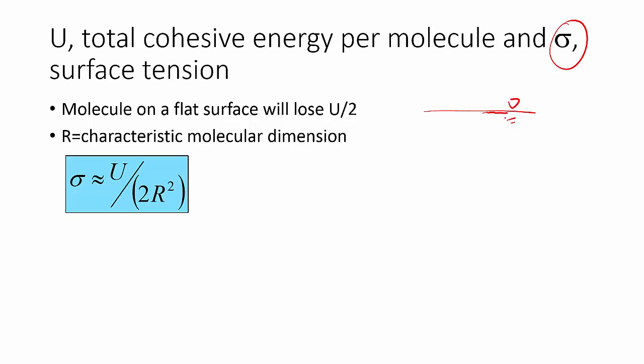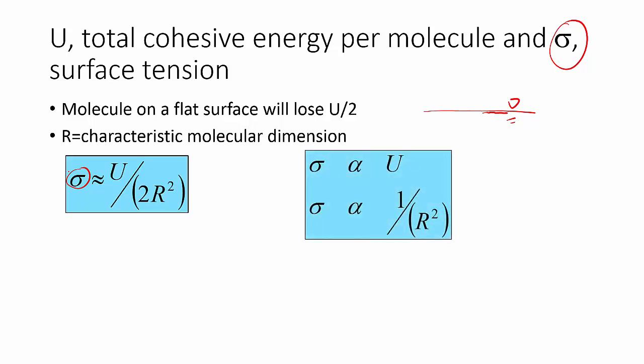If we say that R is the characteristic molecular dimension, or radius in this case, then the surface tension is approximately equal to the total cohesive energy divided by 2R squared.